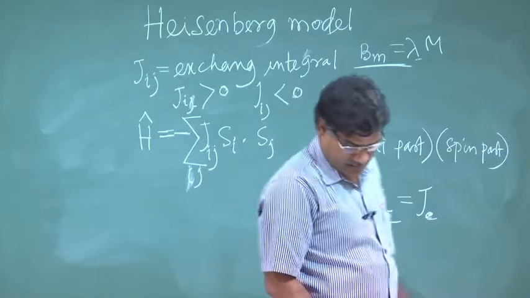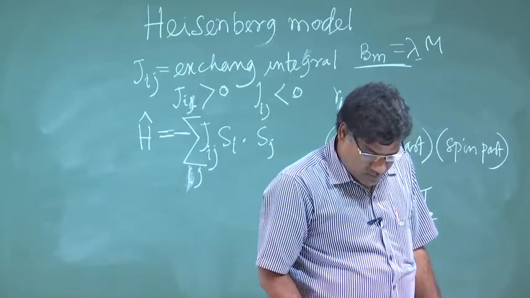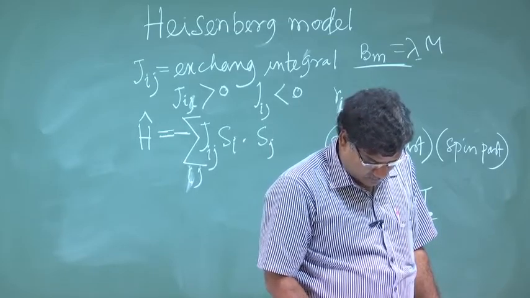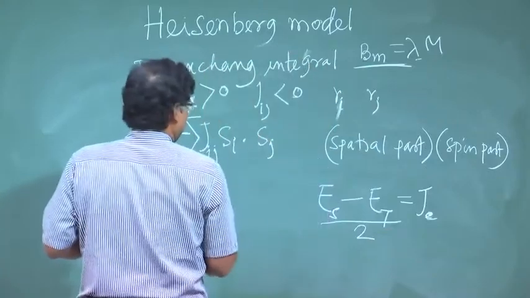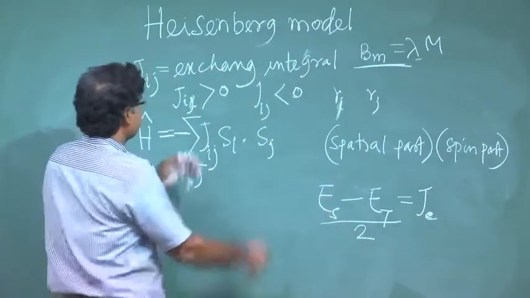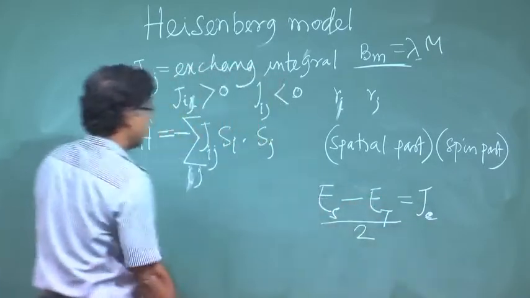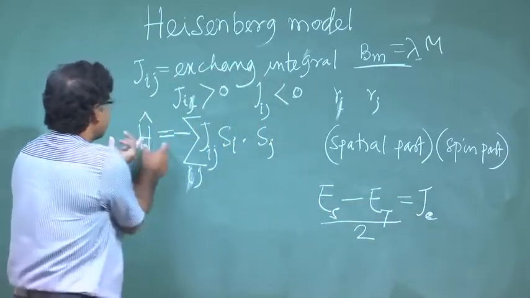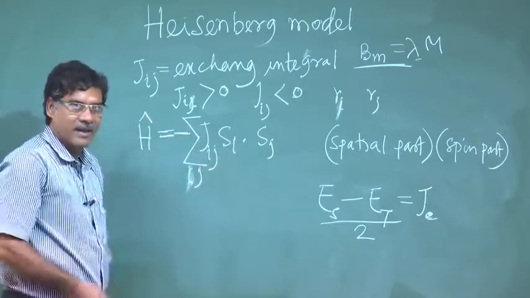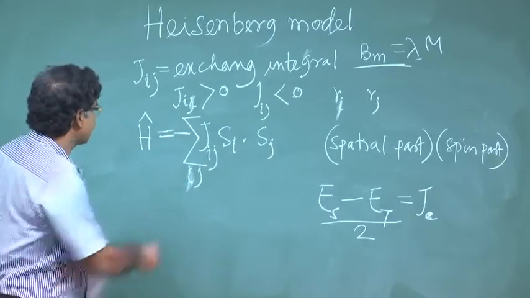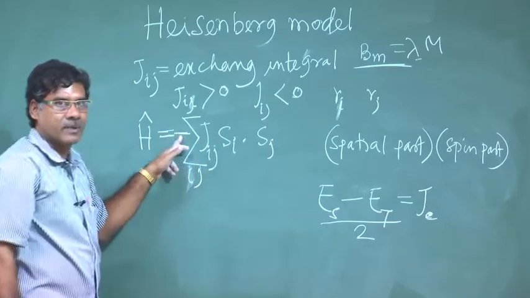So, it will be Es minus Et. When it is positive, Es is greater than Et. So, your energy, Hamiltonian means its energy, okay. Its energy will be negative. When this is positive, energy will be negative. Okay.